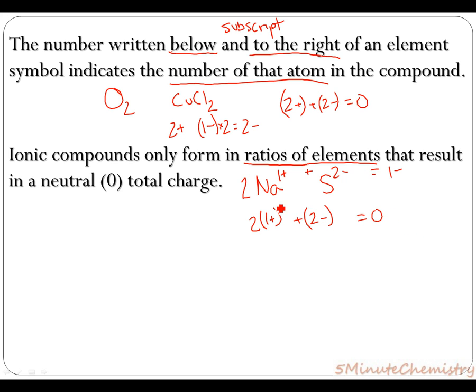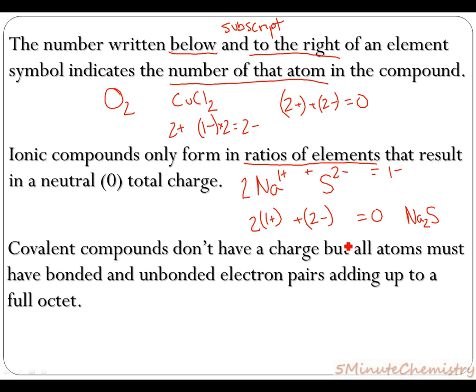So the way that I would write this, because remember, we want these to be put together in their chemical form, is we would say that we have sodium. Since there are 2 sodiums, this is the number written below and to the right. The subscript would be Na2 and a single sulfur, Na2S.